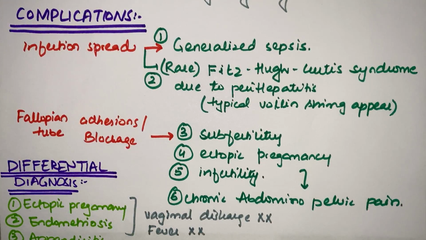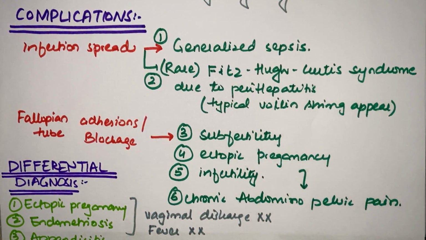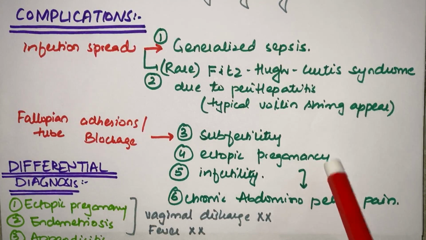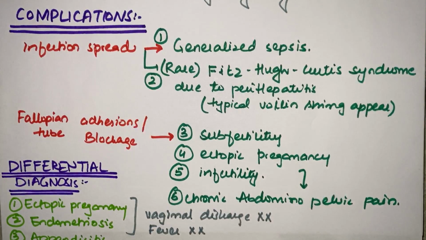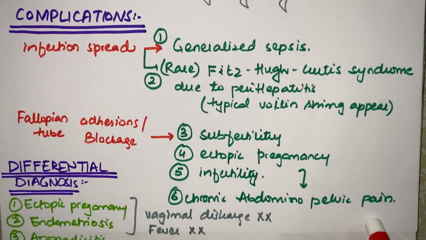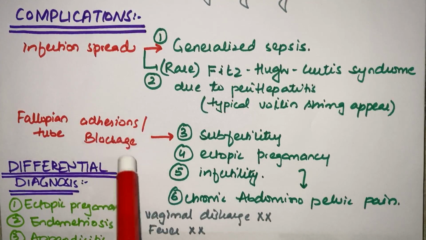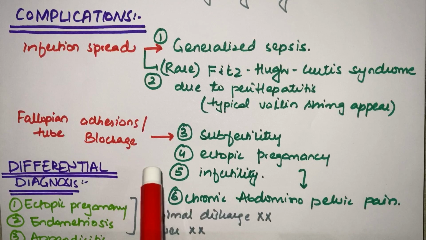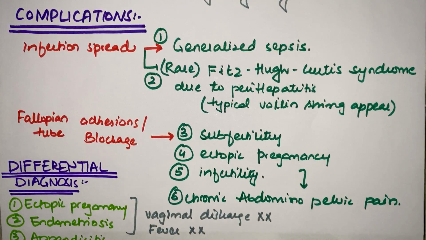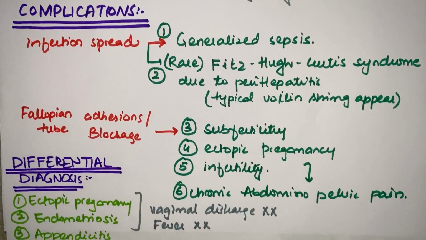So subfertility. Or if the ovum has entered, then it is unable to move forward to the uterus, so pregnancy will occur here in the fallopian tubes, ectopic pregnancy. And because of ectopic pregnancy, we know there is severe abdominal pelvic pain, that can be a complication. Or either way, if there is complete blockage of the abdominal opening of the fallopian tubes, then infertility can be a complication.